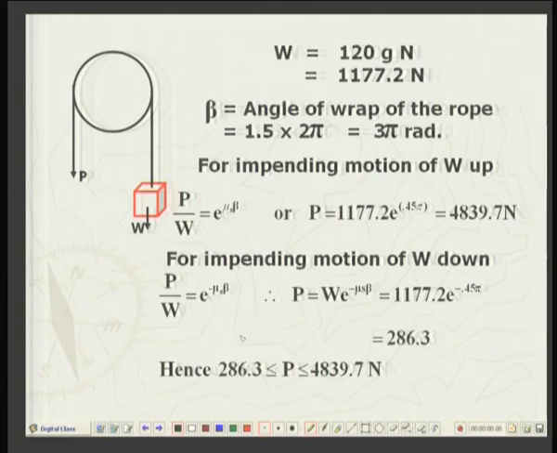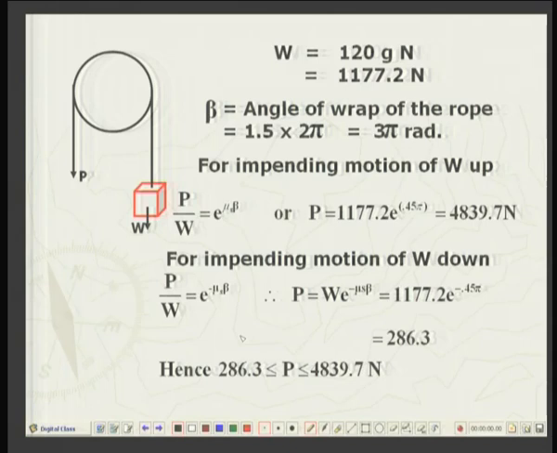You can see that this gravitational force W is equal to 120 g newtons, which is 1177.2 newtons. Now, the angle of wrap between the rope and the rod, because it is going over 1.5 turns, in each turn the angle subtended is 2 pi. So 1.5 times 2 pi is 3 pi radians.